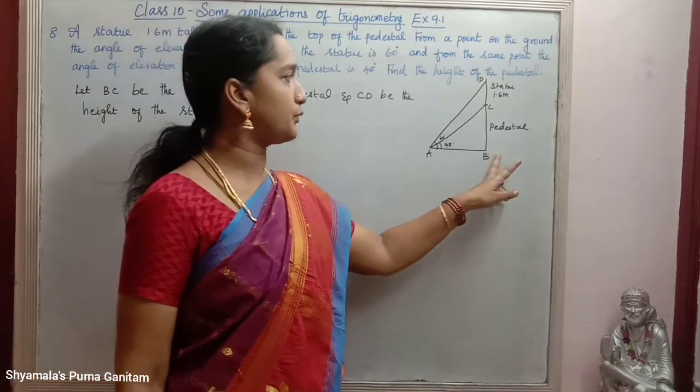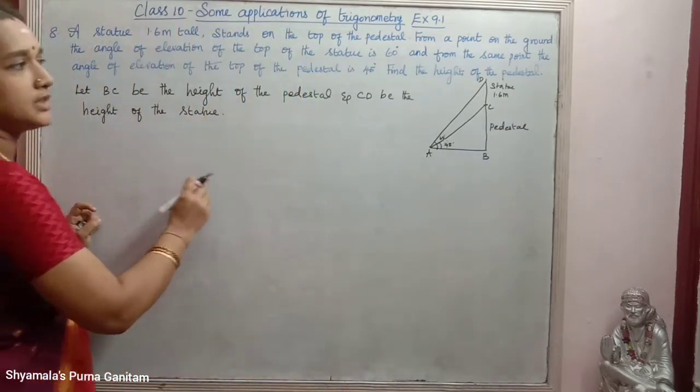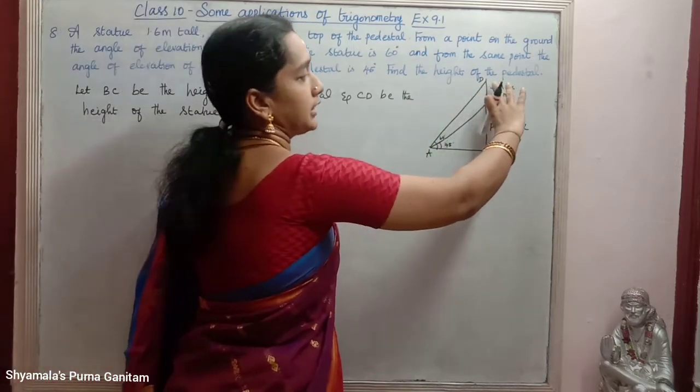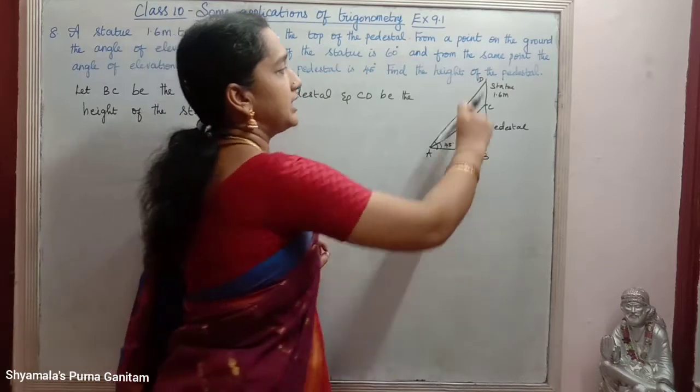So we are asked to find the height BC. For this, we will take the pedestal height as BC and the statue as CD.